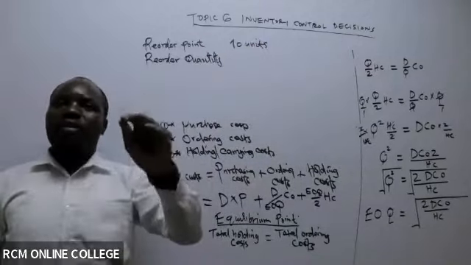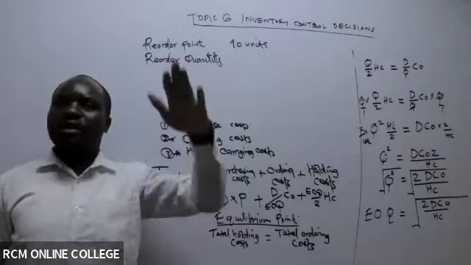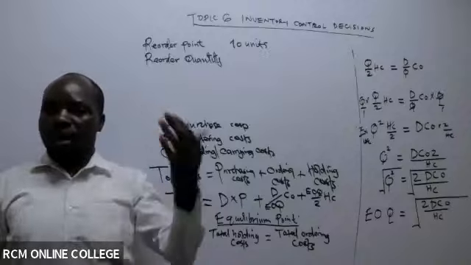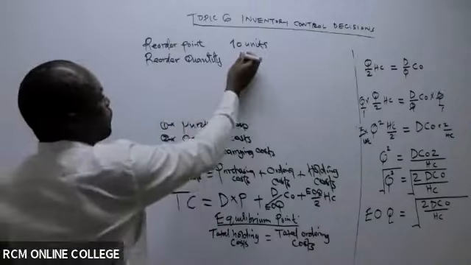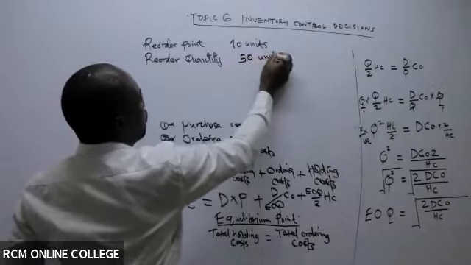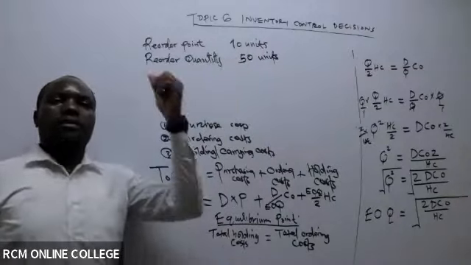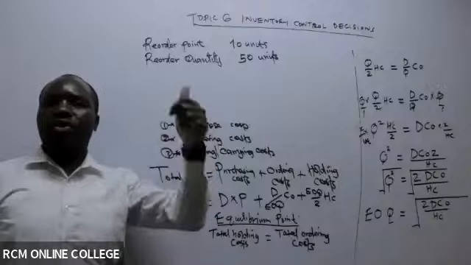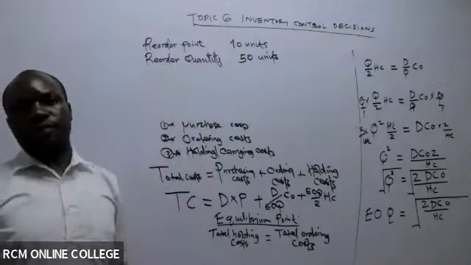But any given time I make an order, we must purchase 50 units. So 50 units in this case will be the reorder quantity. If our units get to 10, we must make a new order, and that order must be 50 units.